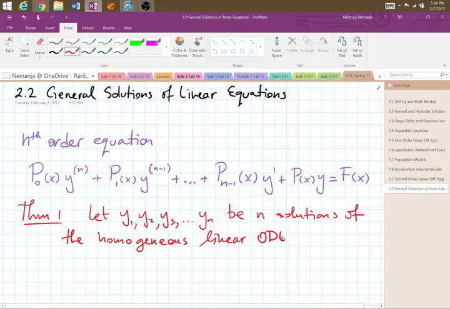When I say ODE, it stands for ordinary differential equation, as opposed to partial or others.